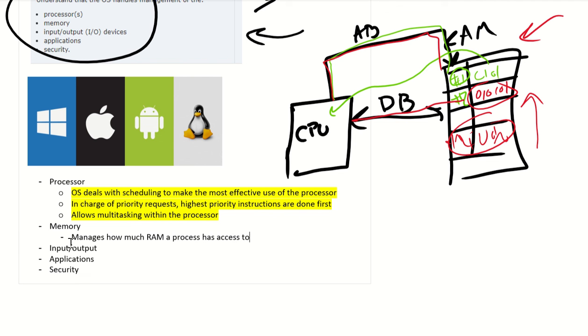So if you imagine, certain instructions don't need a lot of RAM, do they? Some programs need a lot, some programs don't need a lot, sorry. So what it will do is decide, right, this program is getting X amount of RAM, this program is getting X amount of RAM, and therefore it tries to make sure that not too much RAM is used and that it's fairly split. The way to think about it is an image editor using high quality pictures is going to use way more RAM than, say, a simple text editor like Notepad.